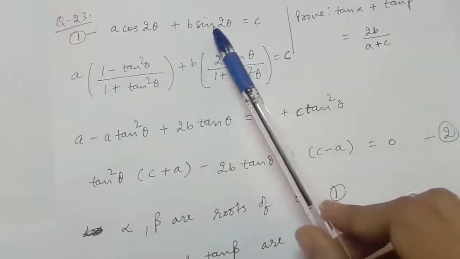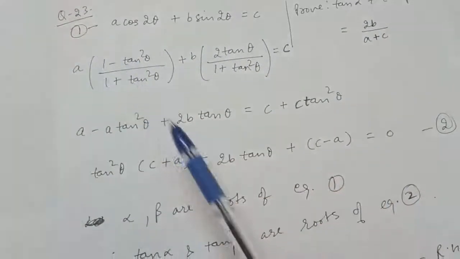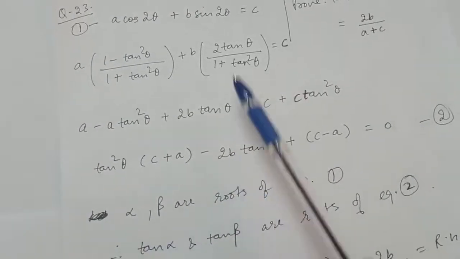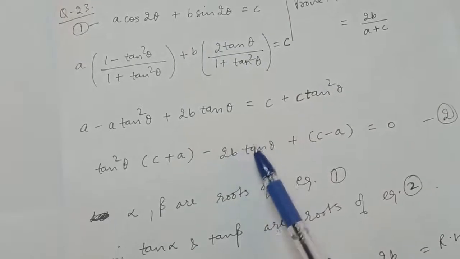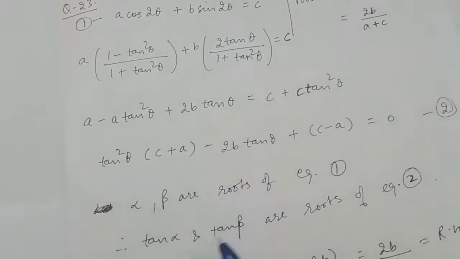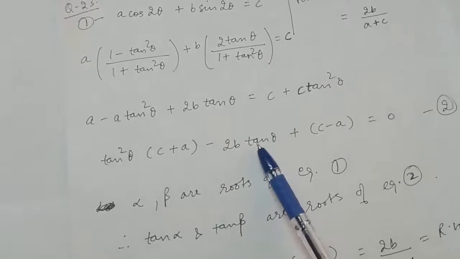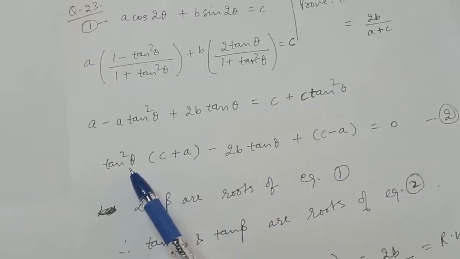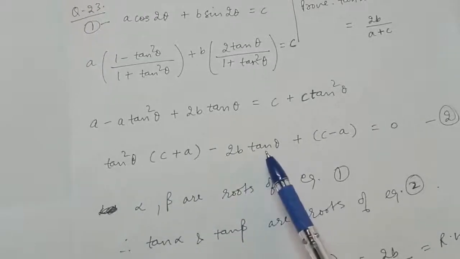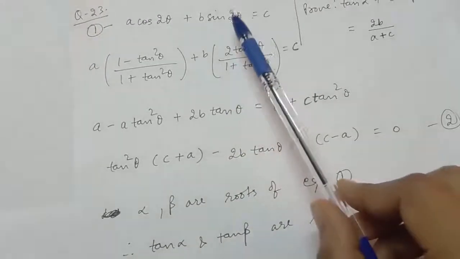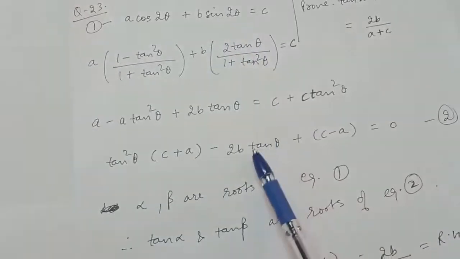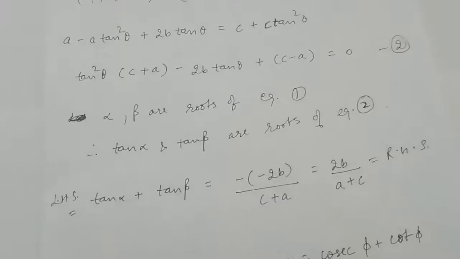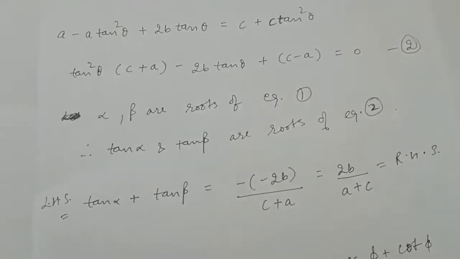Now see, this given equation, which I have numbered as 1, has two roots, alpha and beta, and these two equations are same. But here the roots will be tan alpha and tan beta, right? Because if I let this tan theta as equal to x, then it will be a quadratic equation. So the roots of this equation will be tan alpha and tan beta, and you know the sum of the roots is minus b upon a.